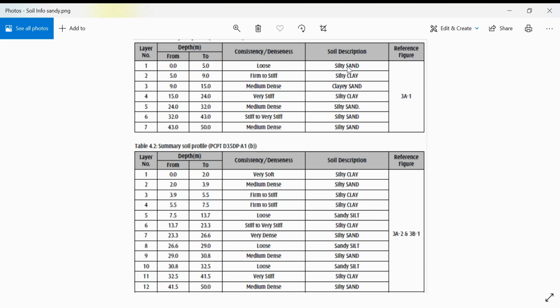This is the soil description. The first layer, 0 to 5 meters, is silty sand, so it's loose. Then 5 to 9 meters is firm to stiff. There's another layer of about 4 meters, which is silty clay, and then 9 to 15 meters, which is medium sand and clay sand.